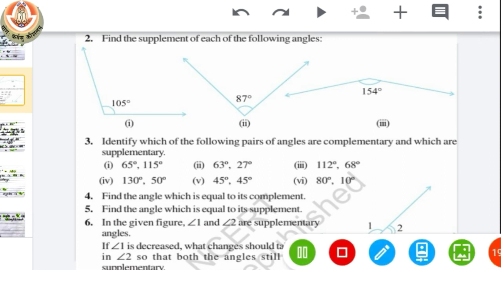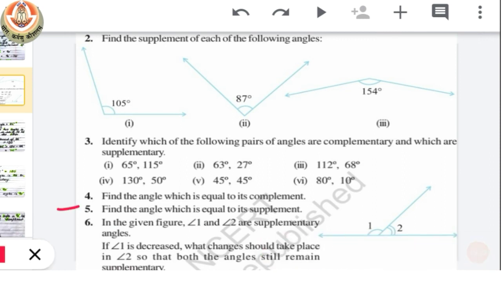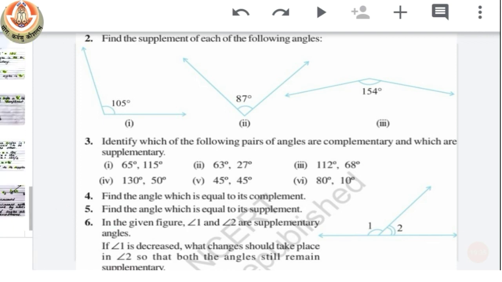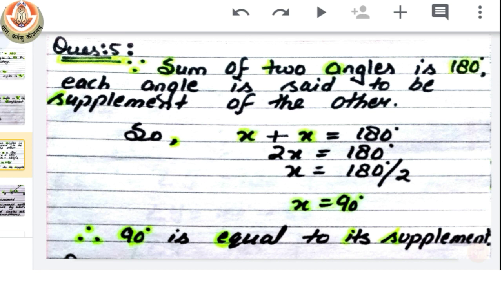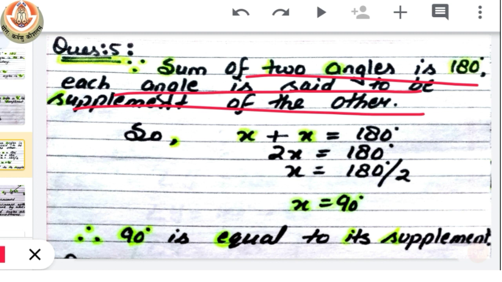Similarly, we have to find it for supplementary, and this is our question number 5: find the angle which is equal to its supplement. So it is also very easy. First of all, we have to write down what a supplement is. If the sum of two angles is 180, then each angle is said to be a supplement of the other. So let's take x. When we add x with x, the sum should be 180, according to our situation, because we have to find such an angle which is equal to its supplement.